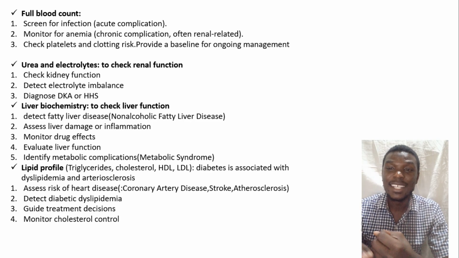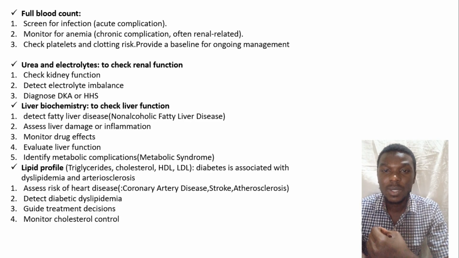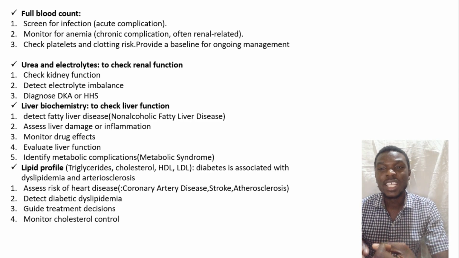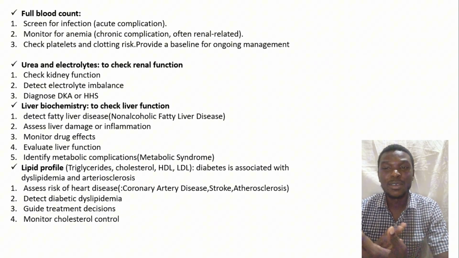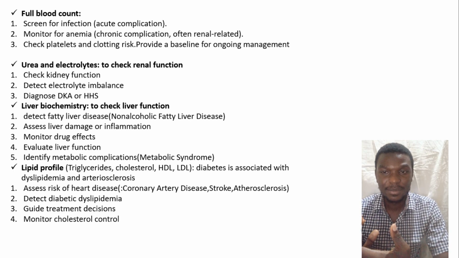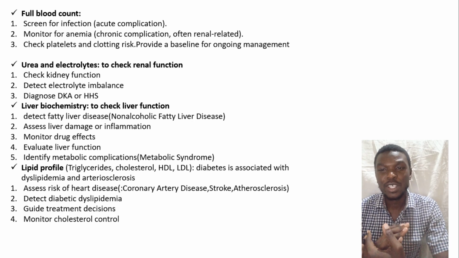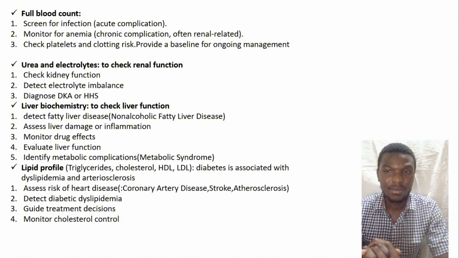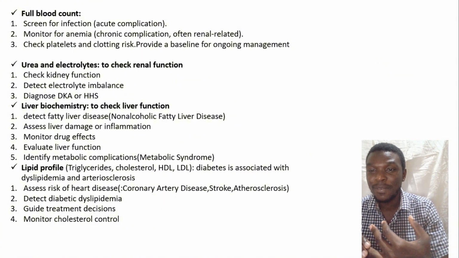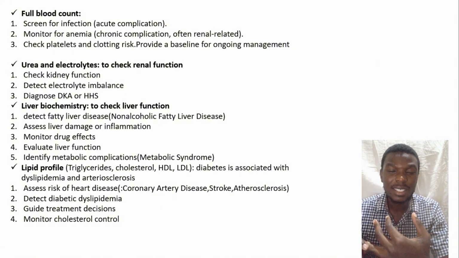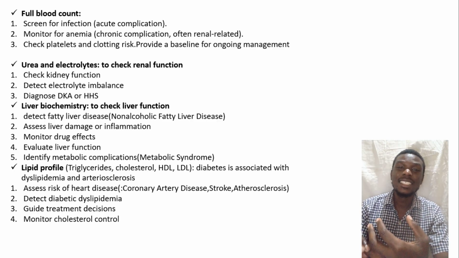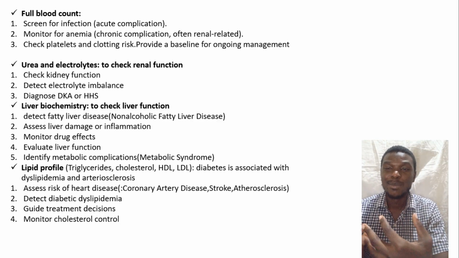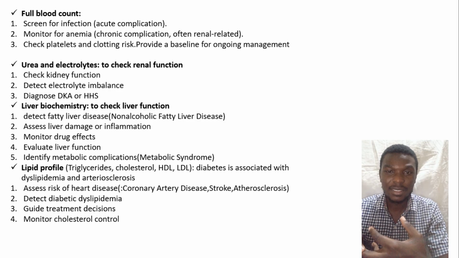Then you can also check their lipid profile. So in this lipid profile, you're looking at whether they are at high risk of heart disease, which can also help you manage this patient. You're also checking if there's any dyslipidemia. Maybe this patient is diabetic because of this dyslipidemia.